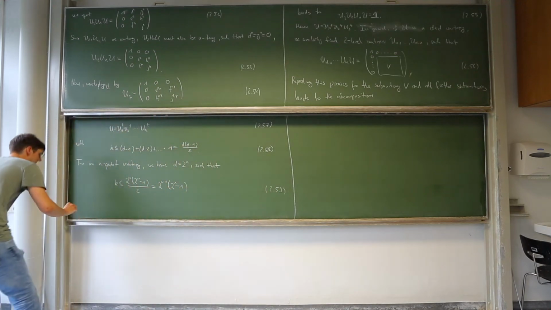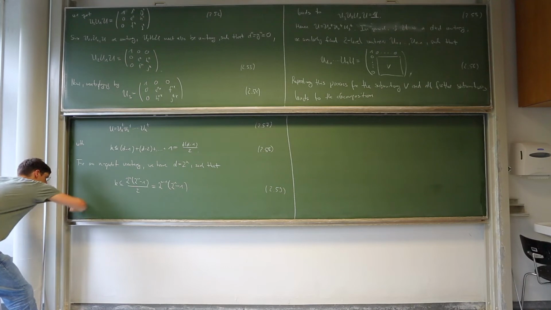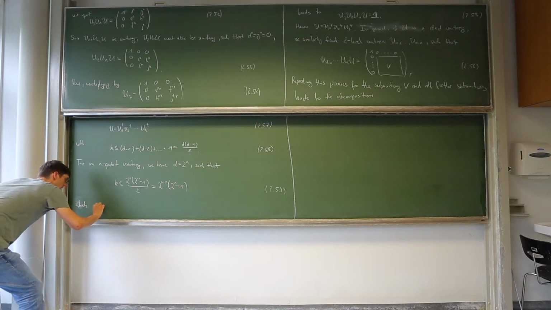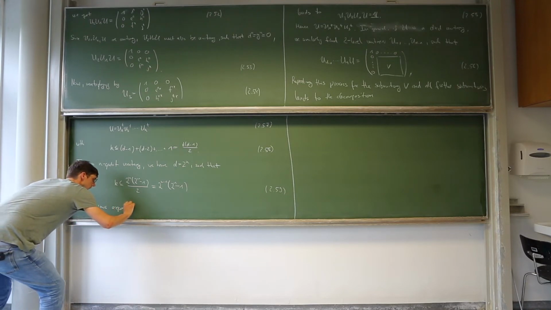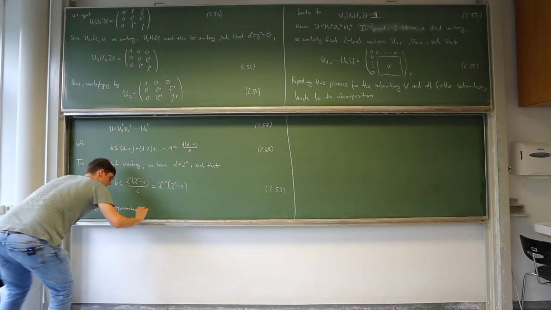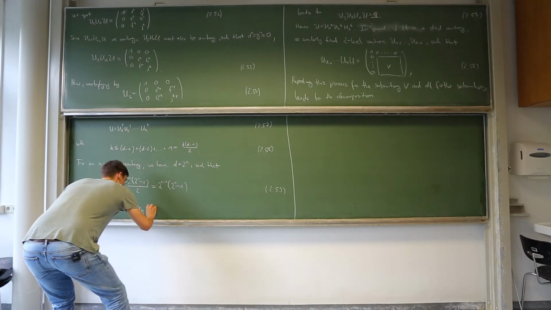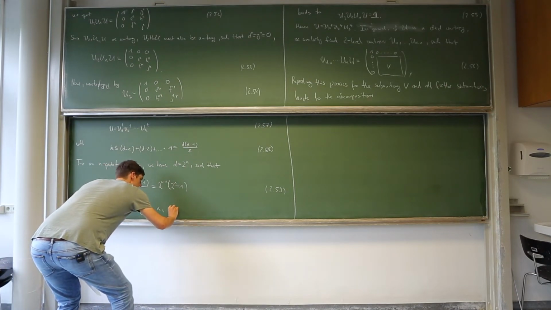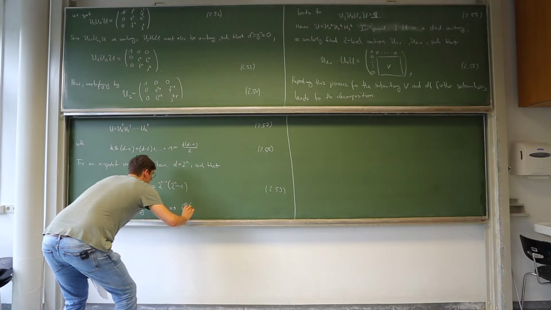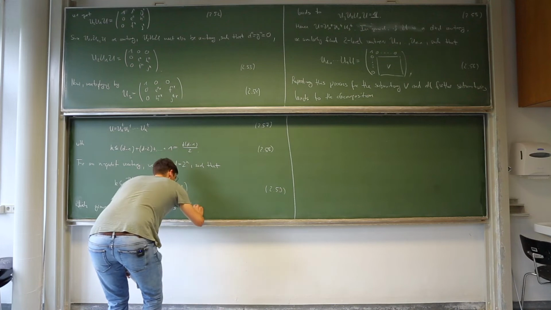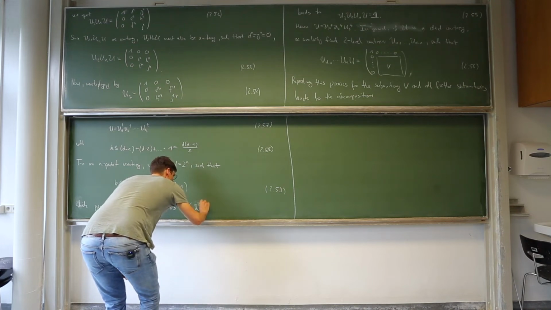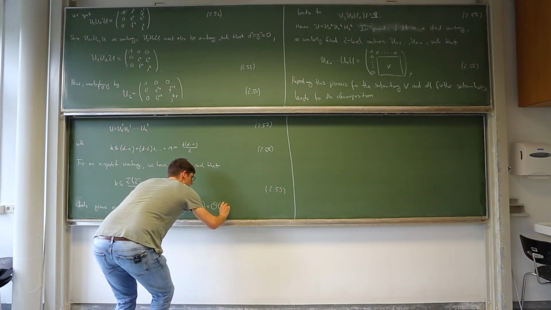And this grows exponentially in n. So it grows as O(4 to the power of n). So it's 2 to the power of 2n, which is O(4 to the power of n).